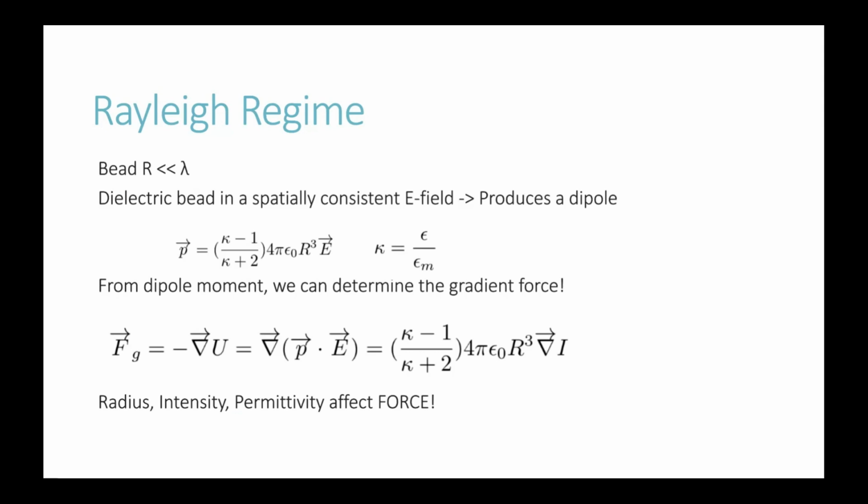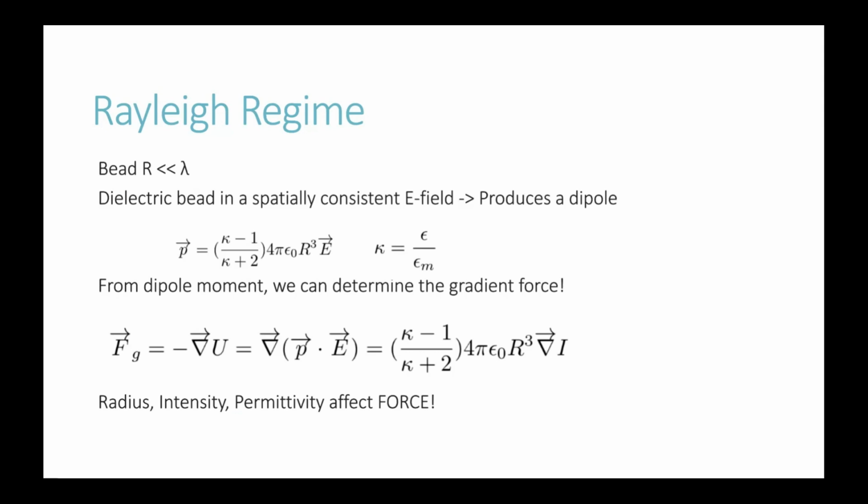We know that force is the negative of the gradient of the electric potential, and that the electric potential can be written as such, where it is the dipole moment times the electric field. So if we took this force equation and applied the dipole moment for the dielectric sphere, we can find an overall gradient force equation that the sphere is subjected to.